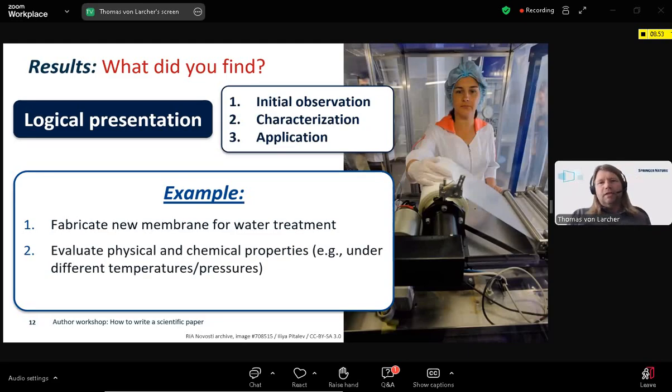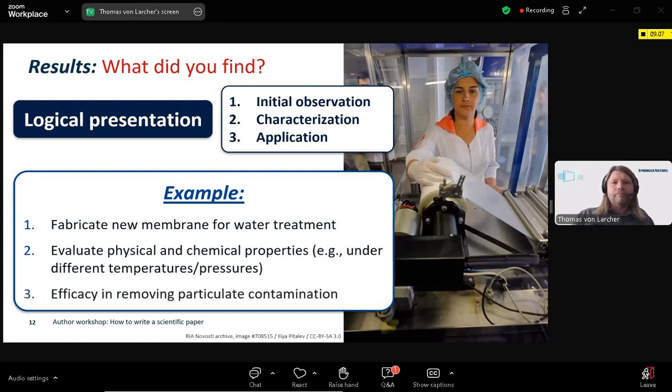So you need to describe the physical and chemical characteristics of the membrane under different conditions, right? Temperature, pressure, etc. And finally, you should demonstrate the efficacy in removing particulates or contamination, right? Demonstrate the usefulness and the value of your development and your finding.